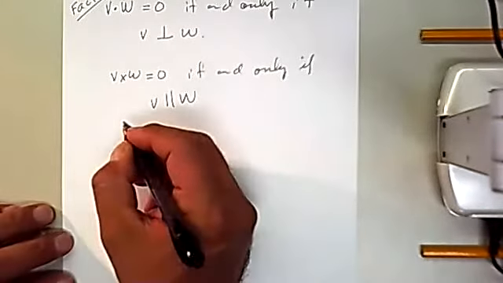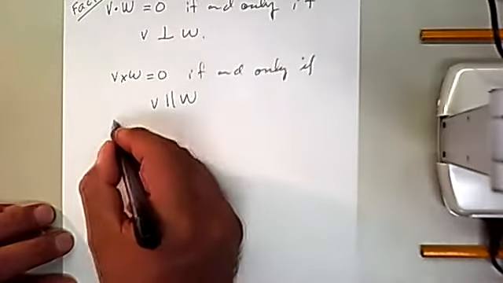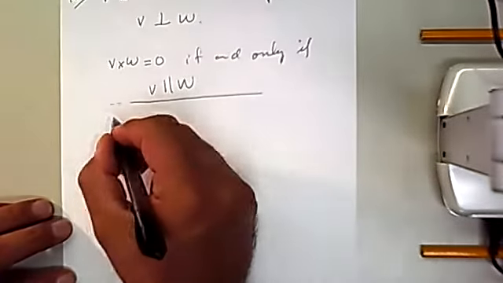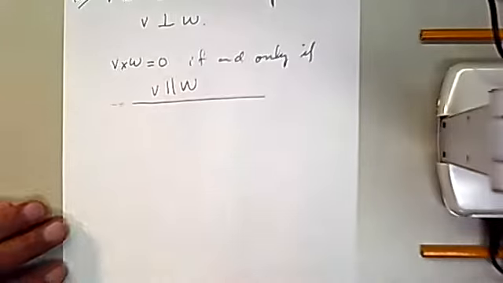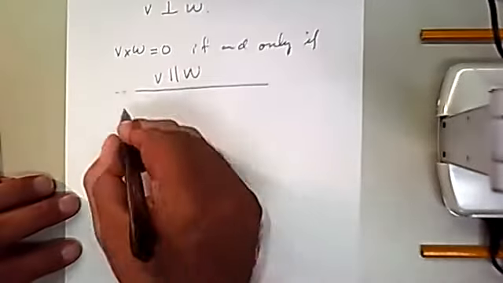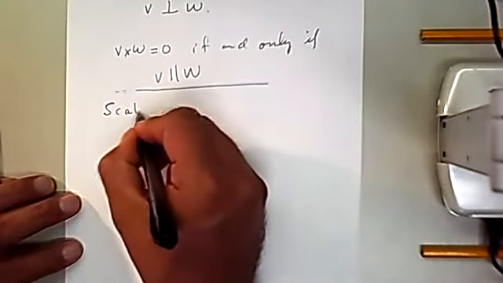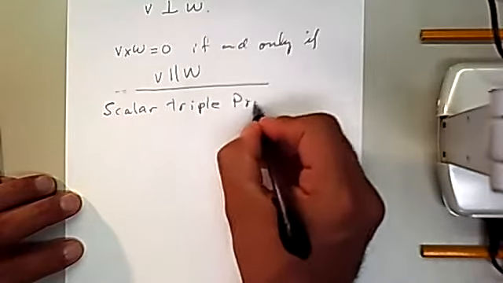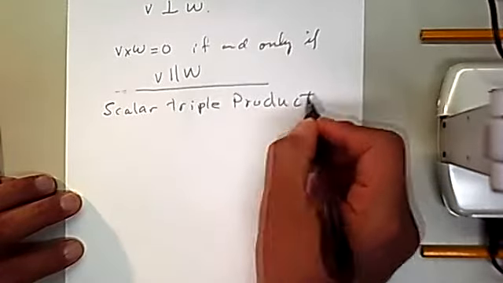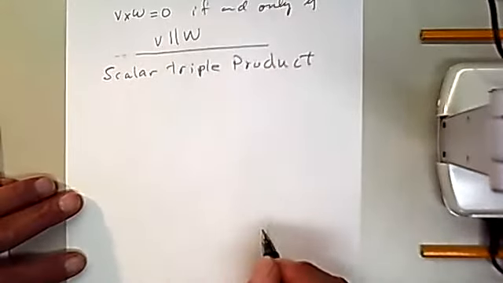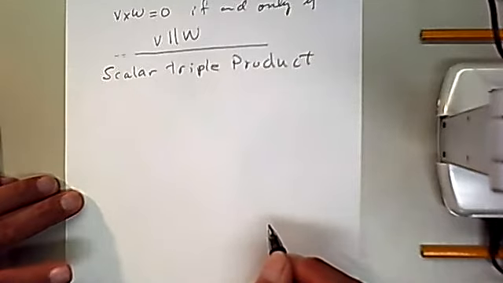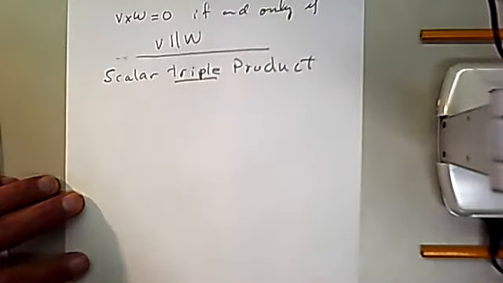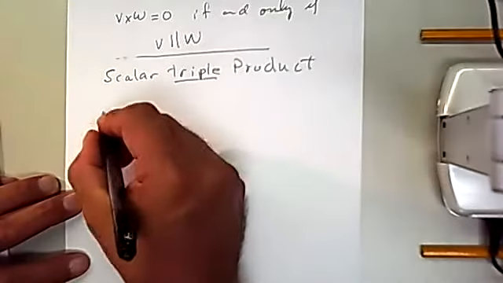Can we combine the dot product with the cross product? And the answer is yes, indeed we can. There is what is called the scalar triple product of three vectors, hence triple. And there are two forms of it.